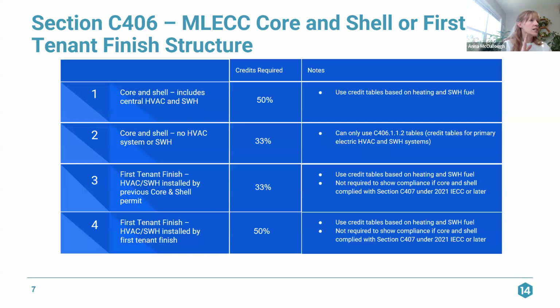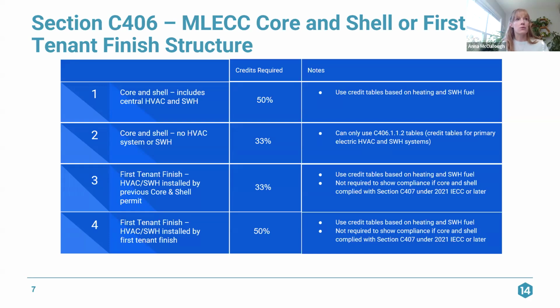And then the next question is, so if permitting a full building, you need 100% of the credits, but if core and shell, then tenant finish, you need only 83%. 50% plus 33%. Yes, that's correct. With the point thresholds that are required under the model low energy and carbon code, which are higher than what's required under the 2024 IECC, we found that it was going to be really difficult for core and shell buildings or for tenant finishes to come up with greater than 50% of those credits.